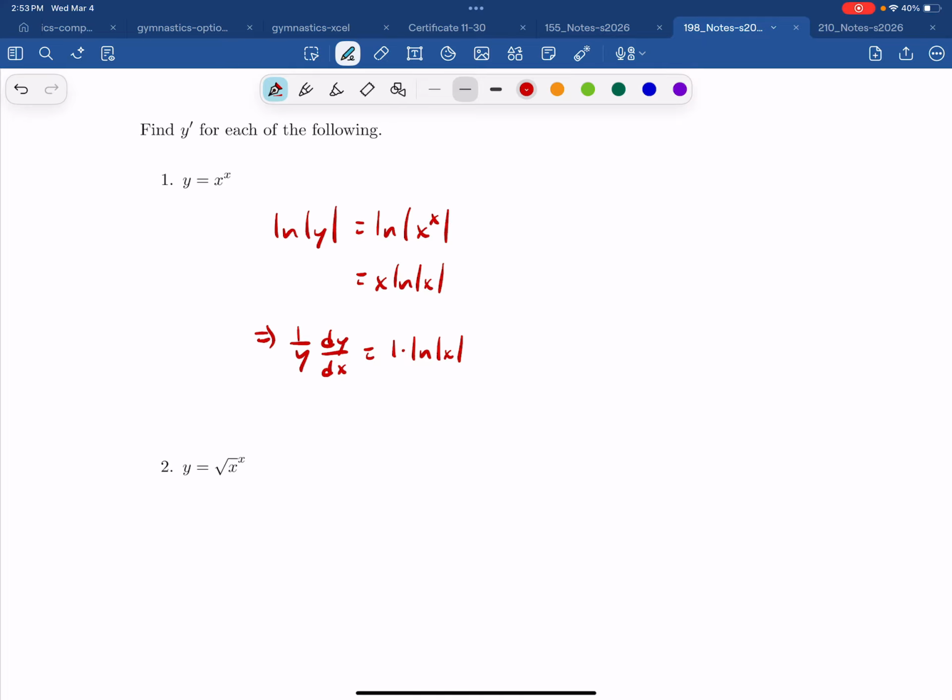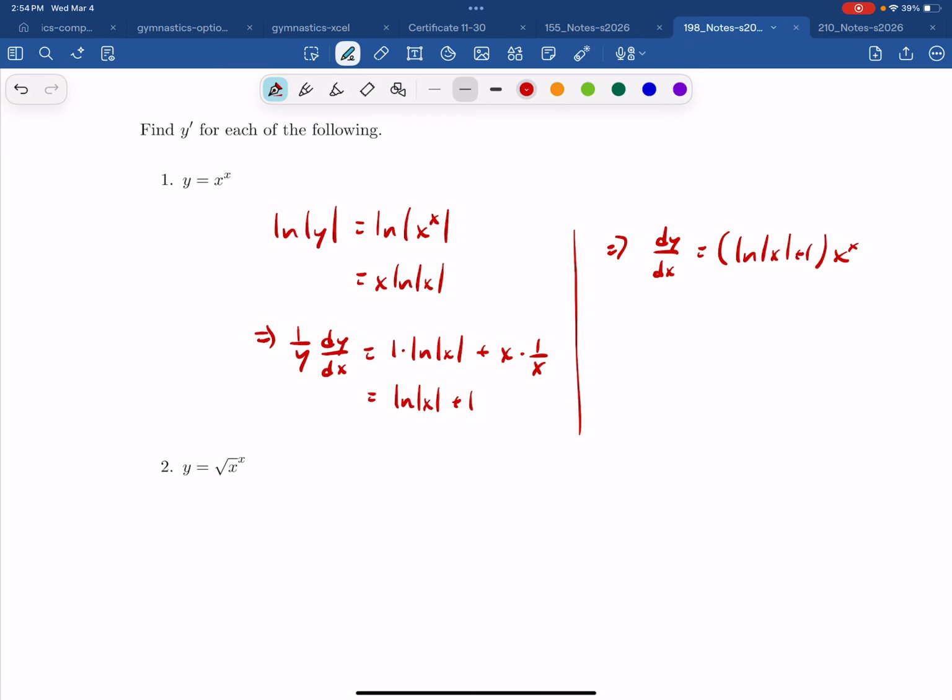Because the derivative of x is 1, plus x times the derivative of ln, which is 1 over x. Simplify this a little bit to get this. And then dy over dx equals ln of the absolute value of x plus 1 times y, which is x to the x. And that's our answer.